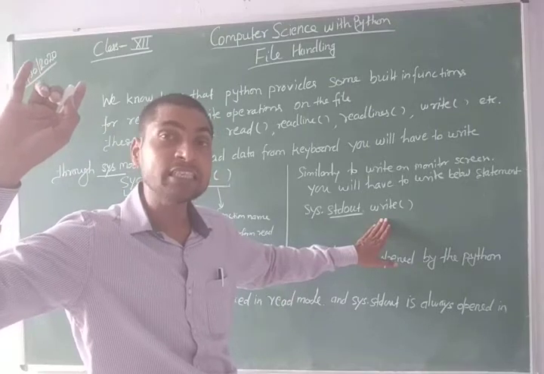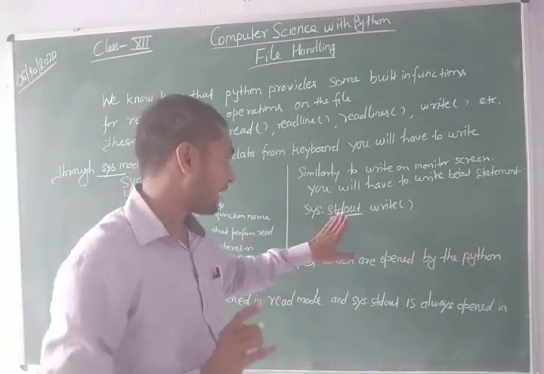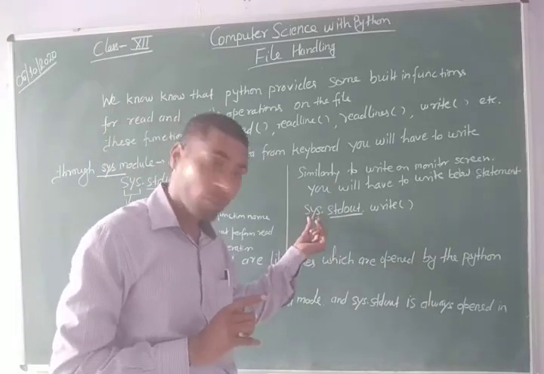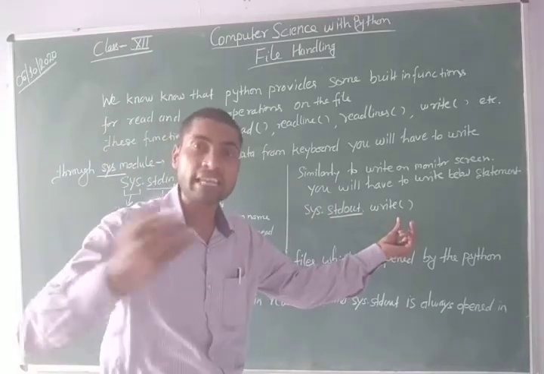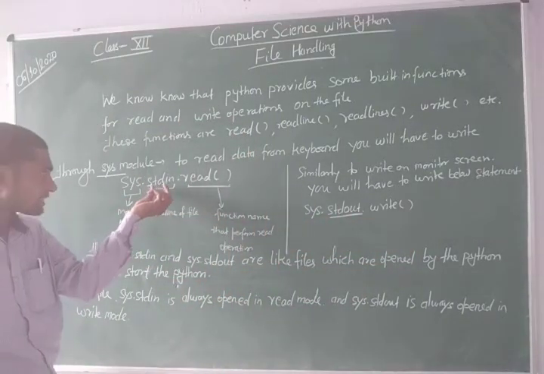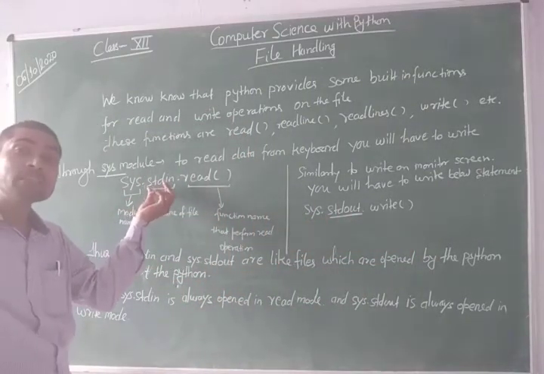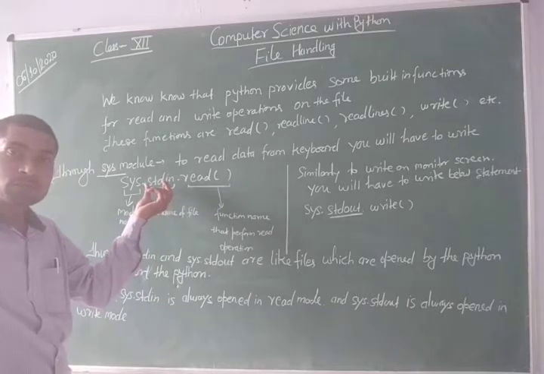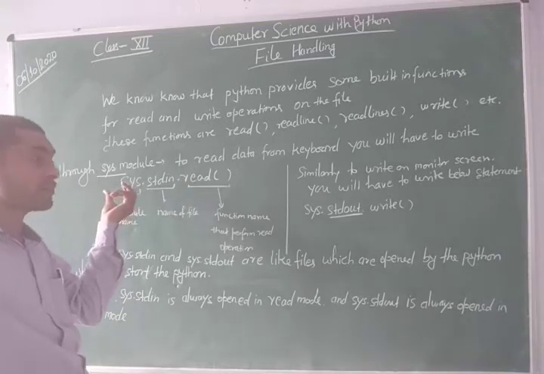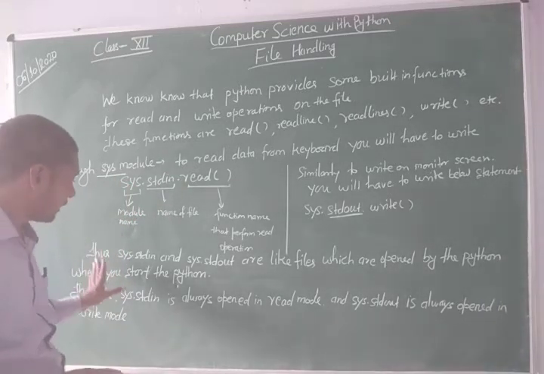Here the monitor screen is treated as a file, and this stream is linked with that device. Sys is the name of the module, and write is the function that writes the content. Similarly, stdin is linked with the keyboard and reads data from the keyboard.